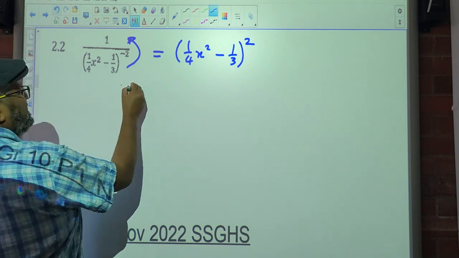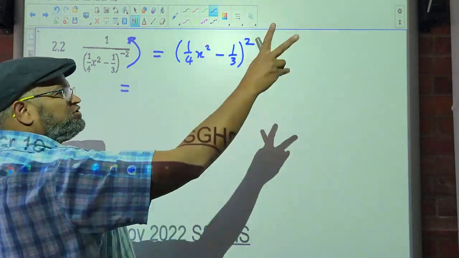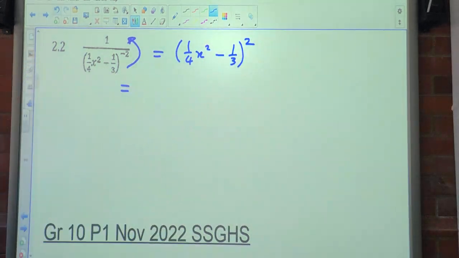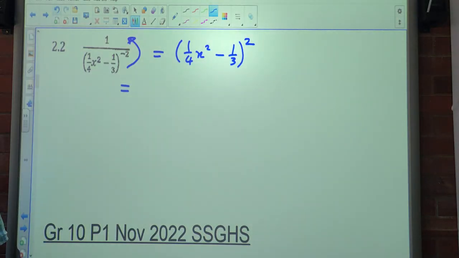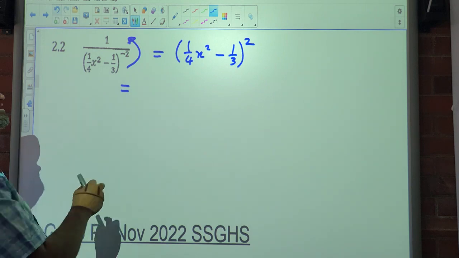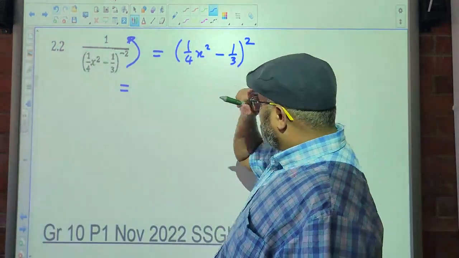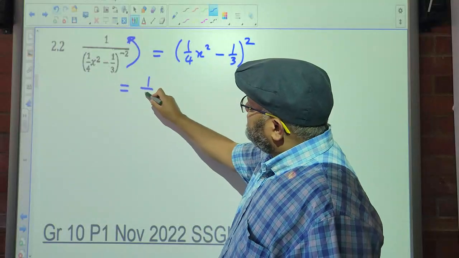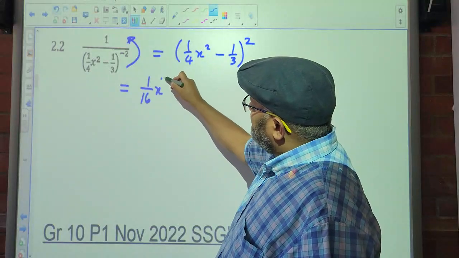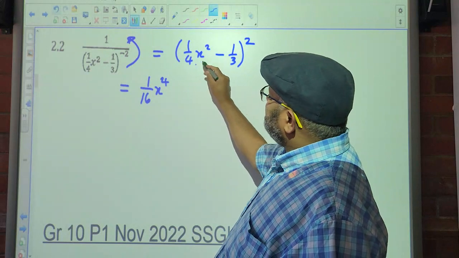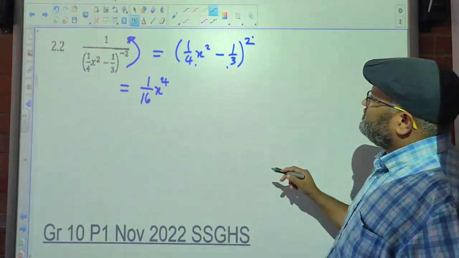Now it becomes a binomial square. One of two things I can do: either write it out twice and multiply, or apply the binomial square rule. So we take the first term and square it. What is a quarter x squared, all squared? 1 over 16 x to the power 4. Then it's the first term times the second term times 2.